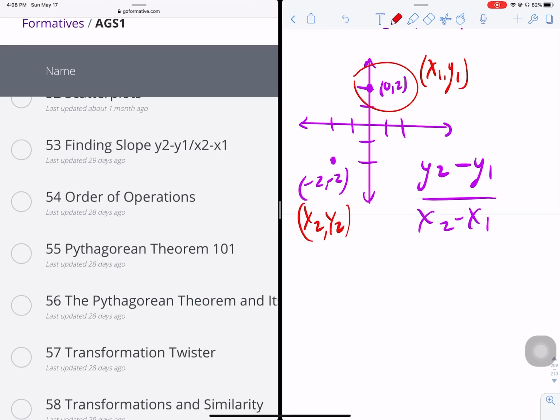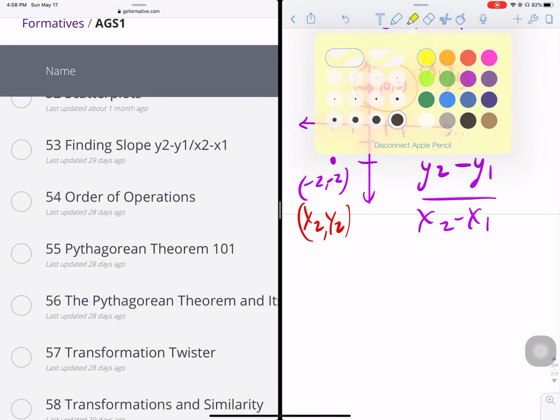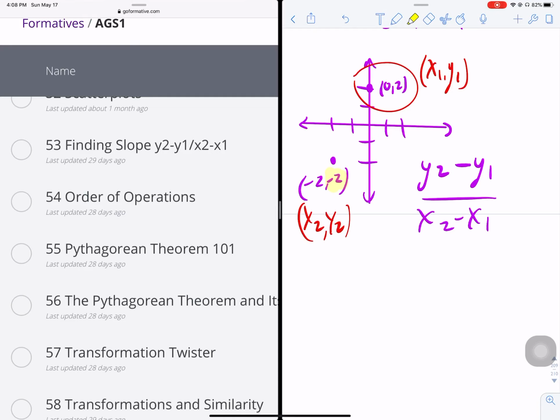So I'm choosing this. So the y2 minus y1 is going to be negative 2 minus 2. Negative 2 minus 2. And if I were to do it the other way, where I choose this one first, then it'd be 2 minus a negative 2, and that always gets 8th graders, the negative situation.